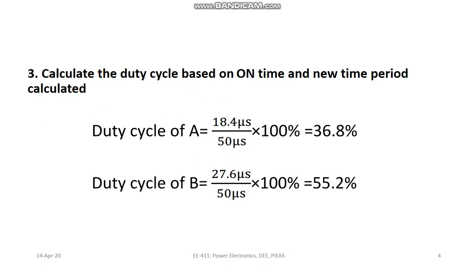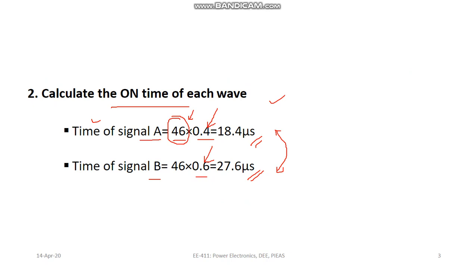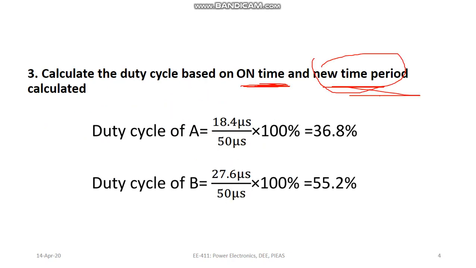So the next step is to calculate the duty cycle based on time and new time period. These values, the ones I calculated in my previous slide, are basically the new time periods corresponding to 46 microsecond. But I cannot change this value of 50 microsecond.